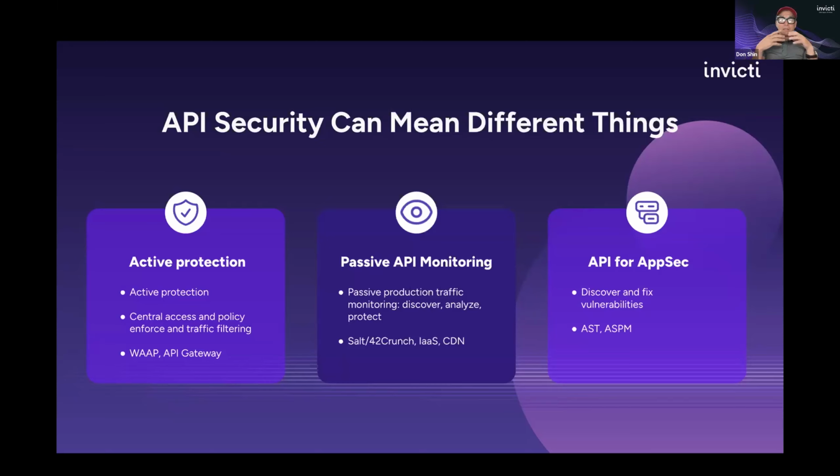And of course, the other areas are inline protective tools such as WAFs or API gateways, which is one category in live networks, and then passive API monitoring, doing traffic analysis, which is still a little bit related to the AppSec portion of it. But let's just be crystal clear that this is what we're talking about here.